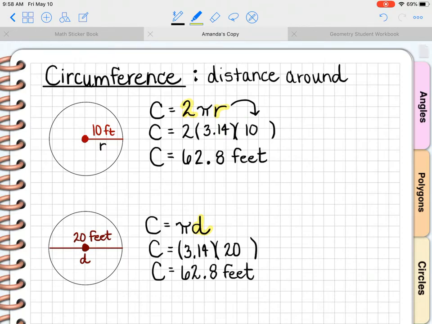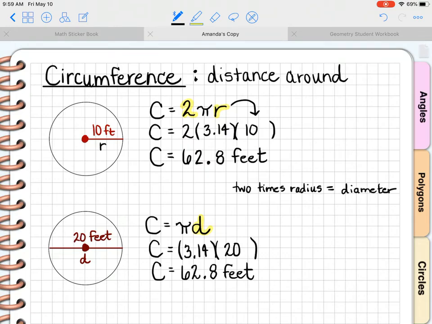So that's going to be something that we just have to get used to. But 2 r's and d are the same thing. 2 times a radius is the same thing as the diameter.